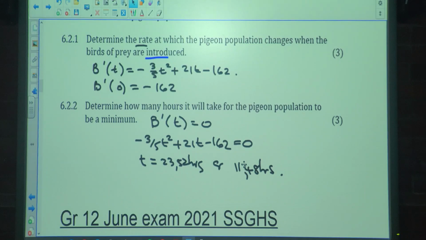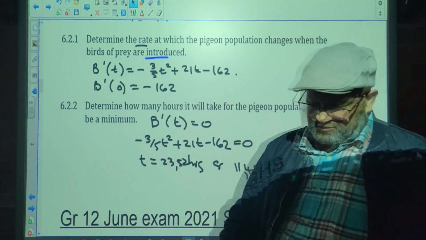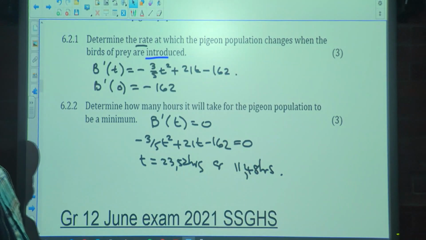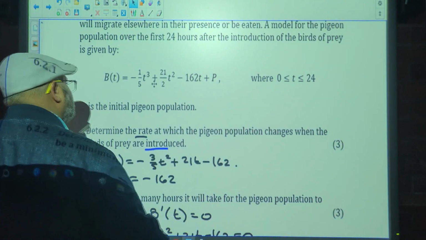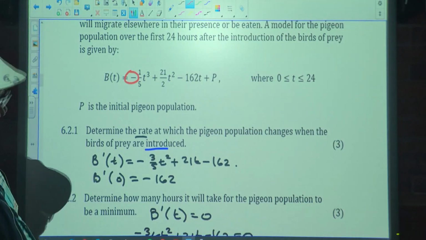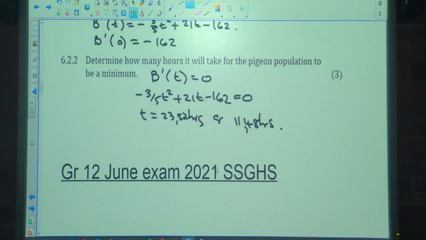But if we look at the graph itself, the original function, the leading coefficient is negative. So the graph is first going to go down then up.